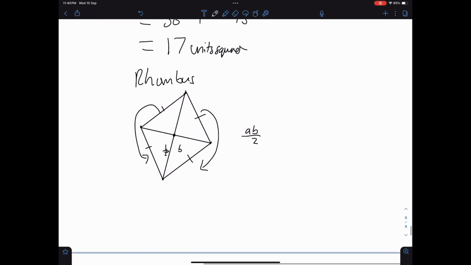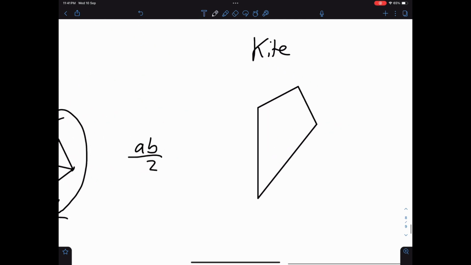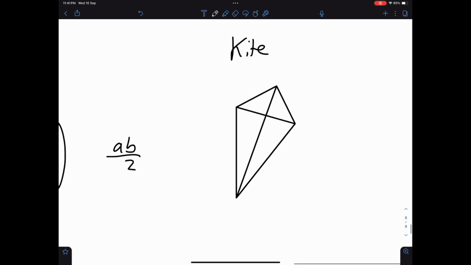And then another example of another type of quadrilateral is a kite. And it kind of looks like this. And essentially the midpoint, again, not quite the midpoint, sorry.